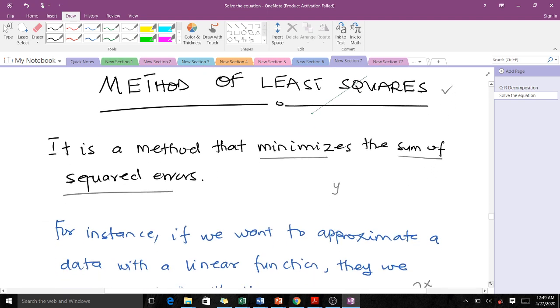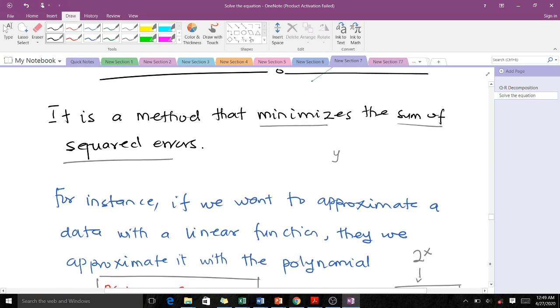So the method of least squares is a method that minimizes the sum of squared errors. So whenever you have something and you want to approximate it, we have the exact and we approximate it. So when you take the approximation from the exact, you realize that there will always be a certain figure, and that figure is the error.